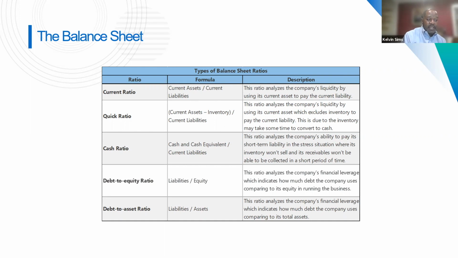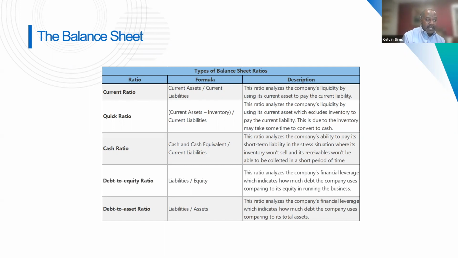Cash ratio: looking at your cash or cash equivalent dollars over your current liabilities. Debt to equity: your liabilities divided by your equity. A lot of times this is used in our personal life when you go get a loan. They look at how much do I owe versus how much do I make, or how much do I have from a net worth standpoint.